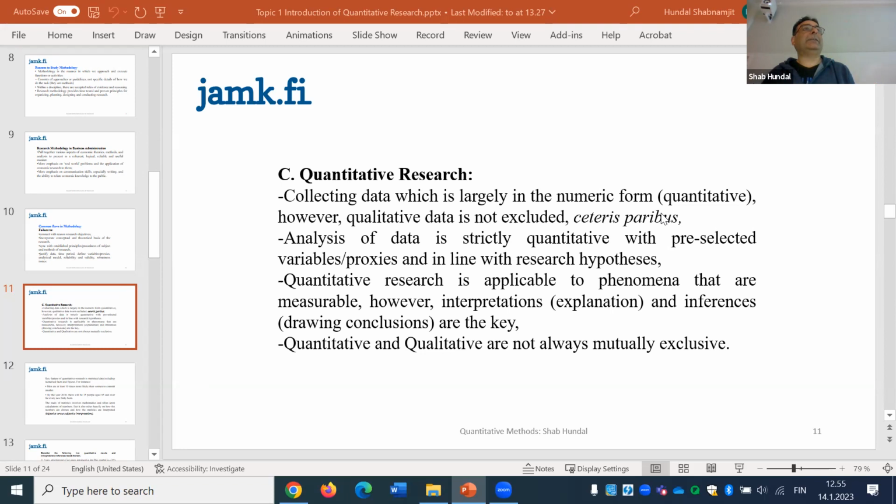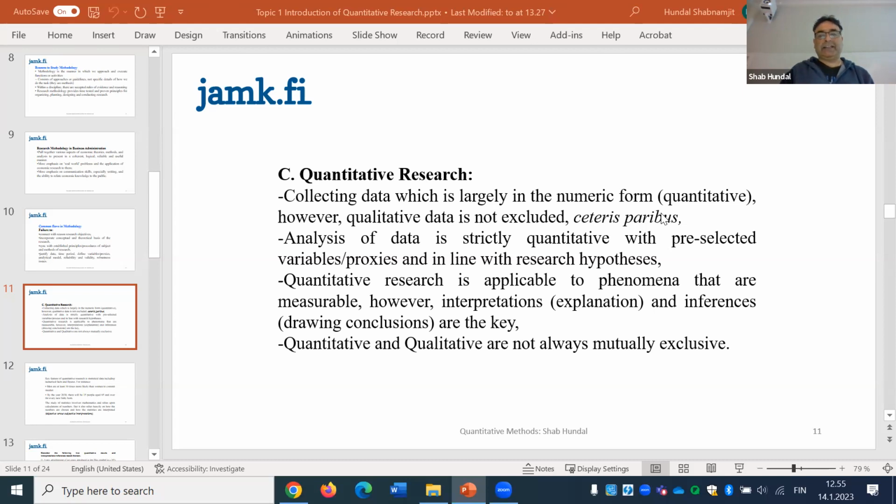Remember, you can't take all qualitative variables. For example, for 5 quantitative variables, you can take 1 or maybe 2 qualitative variables, but it can't be all qualitative. Otherwise, the whole purpose is defeated, right? So there is a possibility that you can take some qualitative data as well.